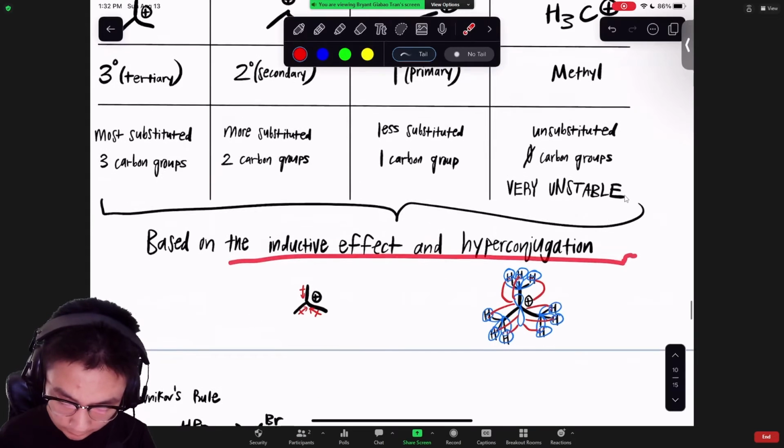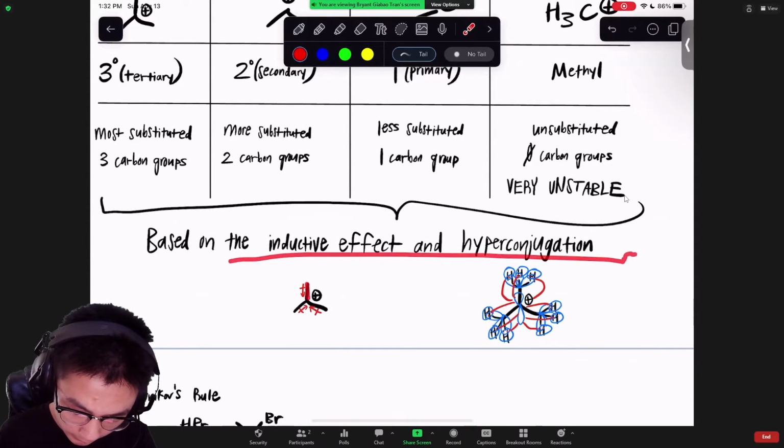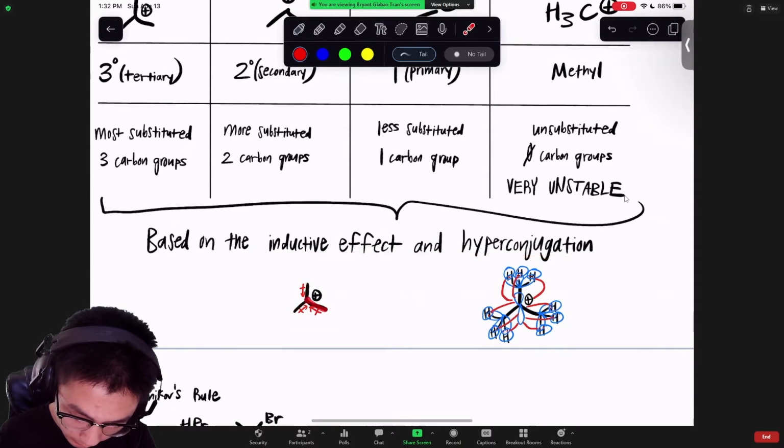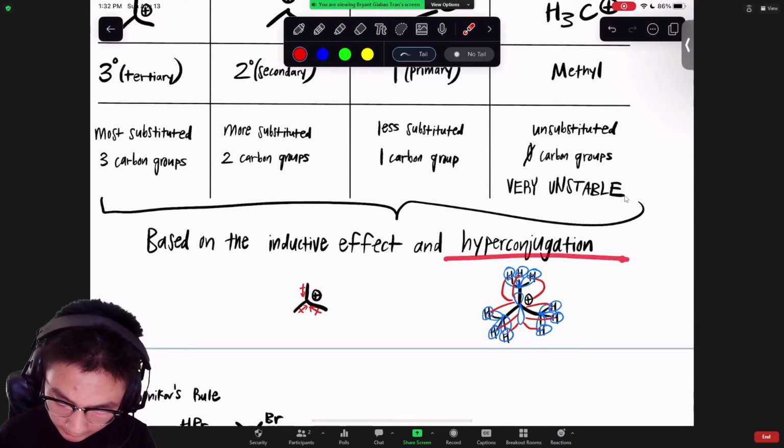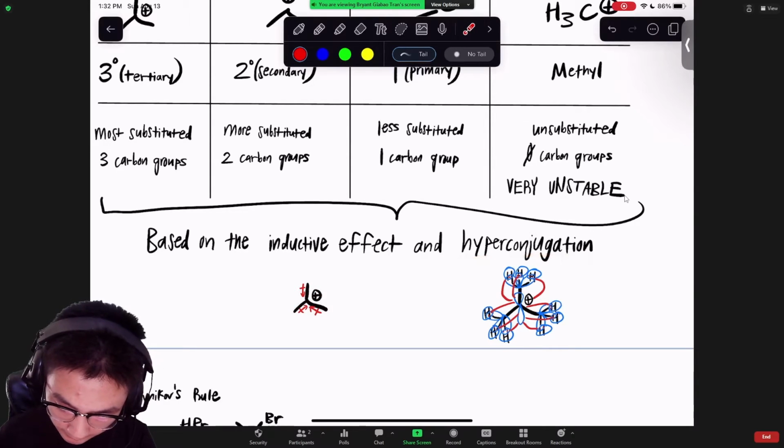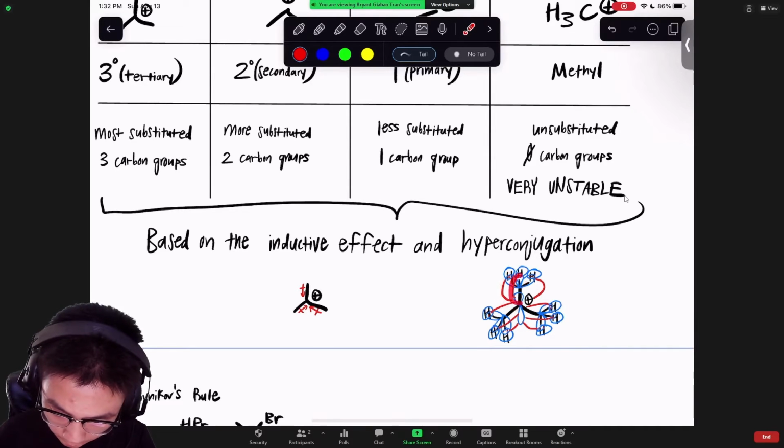What the inductive effect is, is that the R groups inductively donate electrons to the carbocation through the sigma bond directly in between them. The hyperconjugation effect is that the sigma bonds between the R groups and the hydrogens or other R groups will directly donate to the empty p orbital of the carbocation.